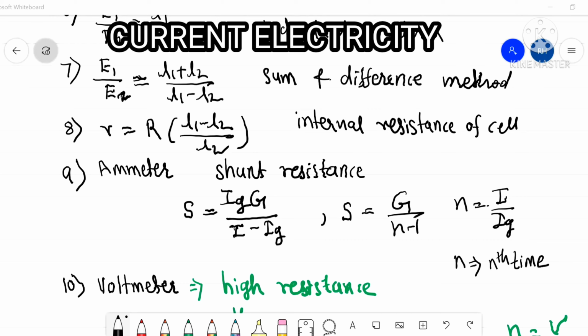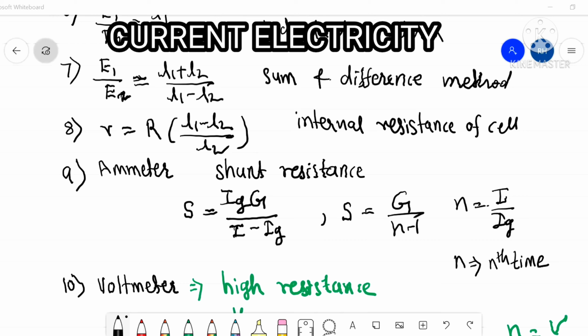In that problem, it is mentioned that the current flowing through it is nth time the current flowing through the galvanometer. Means that relation is given. I and Ig, two values are not given, but their relation is given, how much it is, nth time of the Ig. If it is given, means n is equal to I upon Ig. If it is a fifth time, then take n is equal to 5.